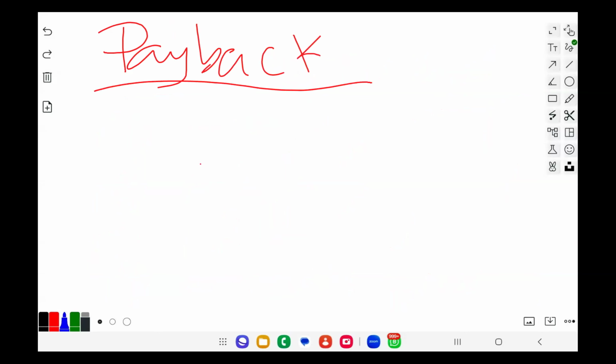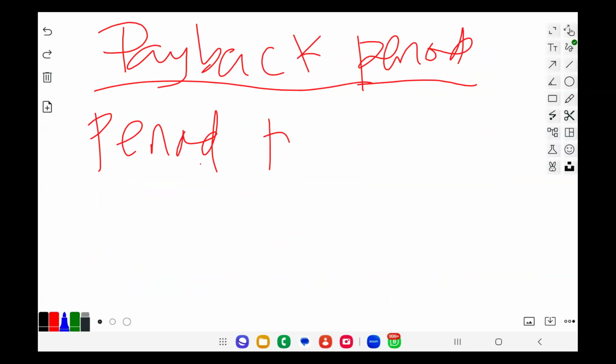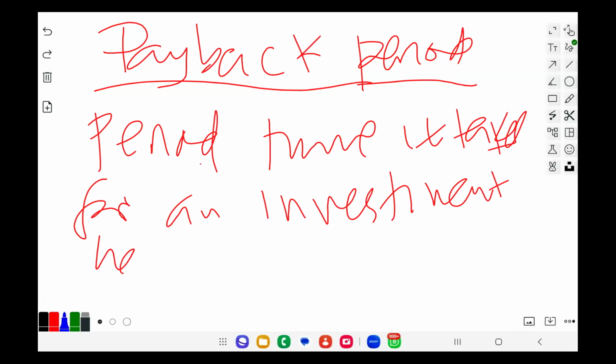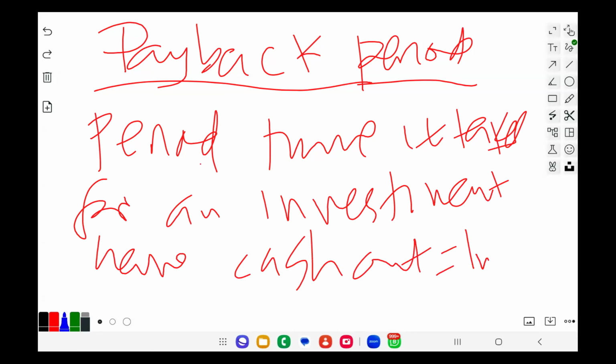Under the payback period, listen, this just measures how long, or the period of time it takes for an investment to give back all the total cost injected, or for the investment's cash outflow to equal its cash inflow.